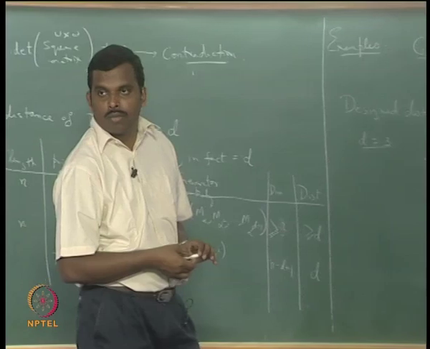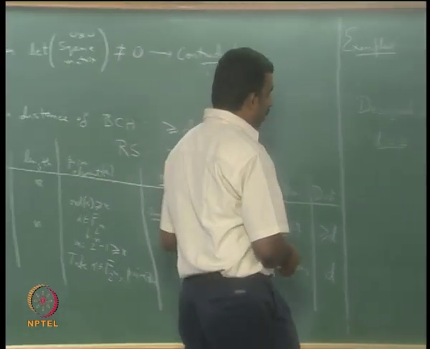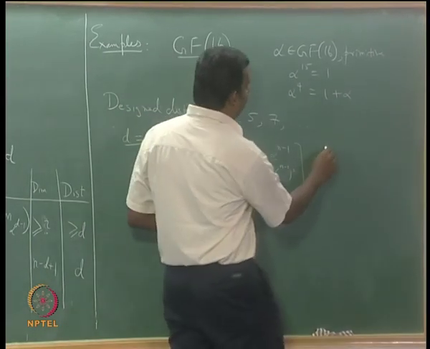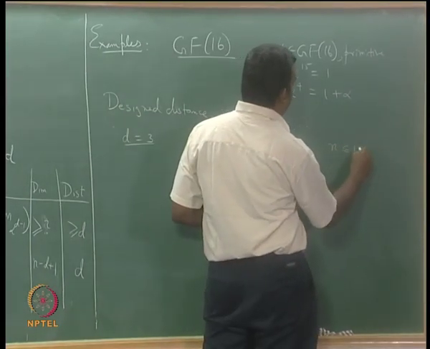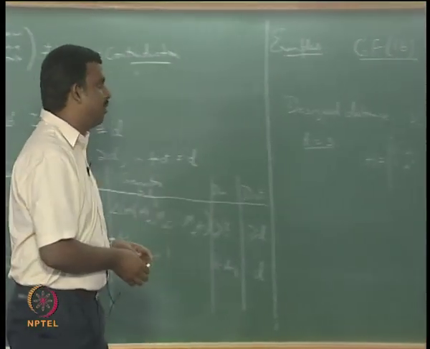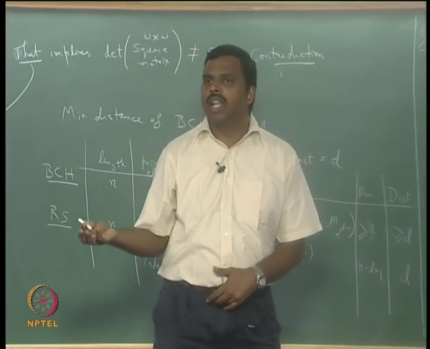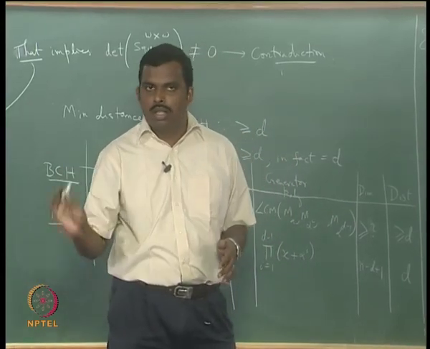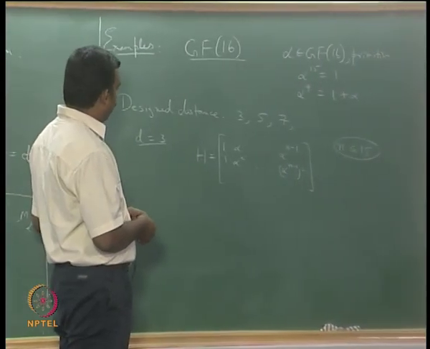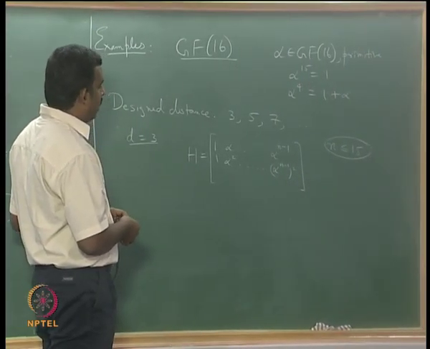So you have just 2 rows and n columns. Remember, n is always going to be less than or equal to 15 for me, because I have limited myself to GF16. You can go all the way to 15 if you like, whatever n you like, you can stop there. So this is d equals 3.